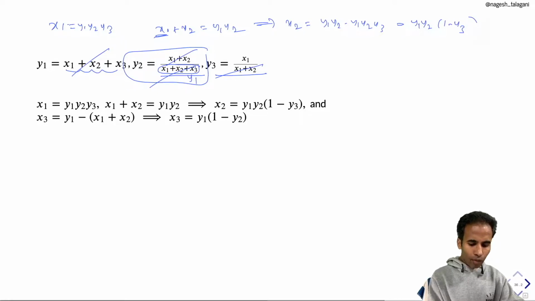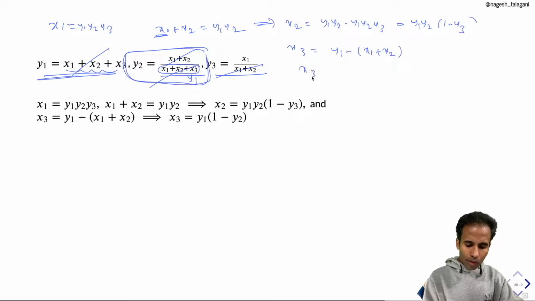Now we have X1 and X2, and we want X3. So X3 is Y1 minus (X1 plus X2). That X1 plus X2, again from this, I can see as Y1 Y2. So X3 is Y1 minus Y1 Y2, so I can write Y1 times (1 minus Y2).